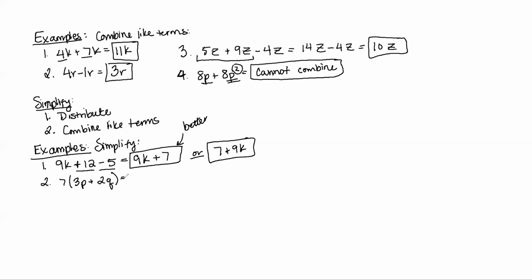We'll check for like terms afterwards. 7 times 3p and 7 times 2q. 7 times 3p, 7 times 3 is 21p, plus 7 times 2 is 14q. And now one of these has a p, one of them has a q. They're not like terms, so we're going to leave it just like this.